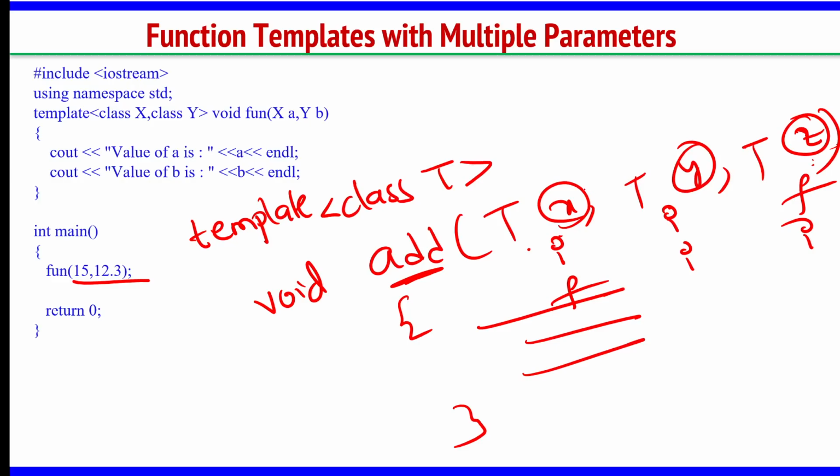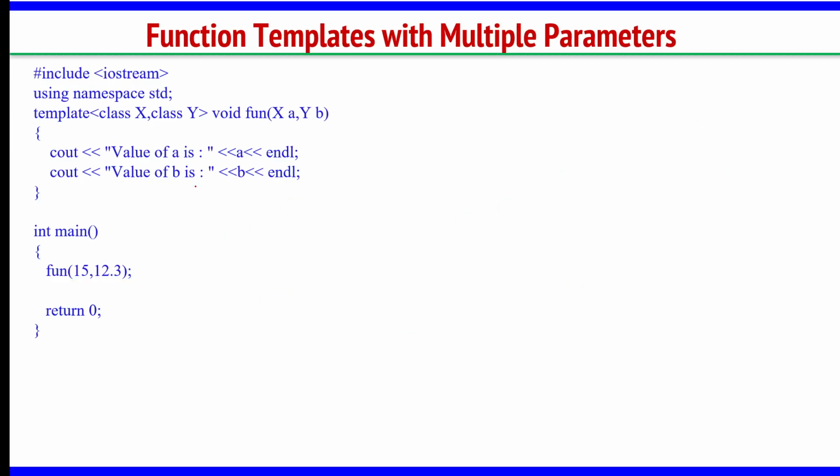The logic is same, variables are more, but the data type of those variables is same, then you can go for function templates. So this is just to explain that you can have multiple data types as inputs to a function. So this will simply say a value is 15 and b value is 12.3, like this it can exist in the functions.